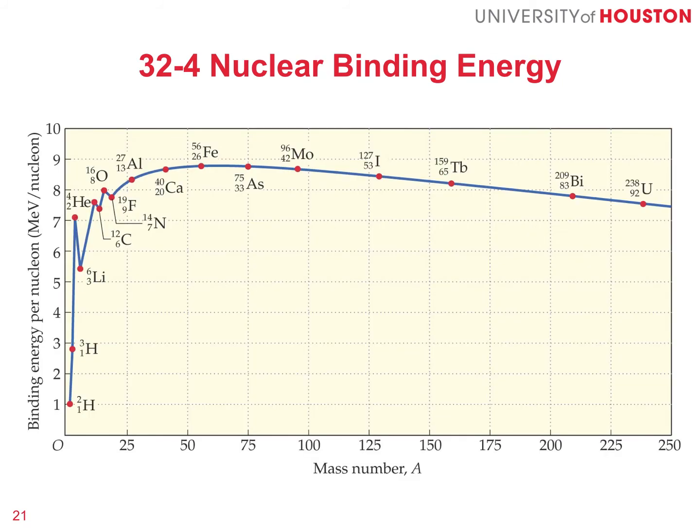Here we have a graph of the binding energy per nucleon versus the mass number. It turns out that iron nuclei have the largest binding energy, which means that it is most difficult to remove a proton or a neutron from an iron nucleus, which actually means an iron nucleus is the most stable nucleus we've found.